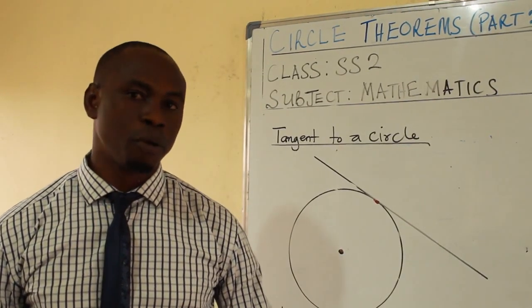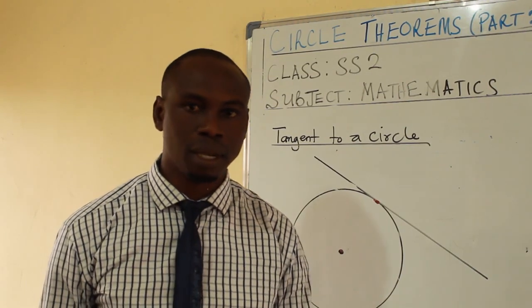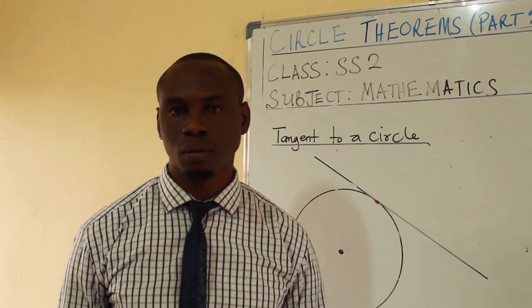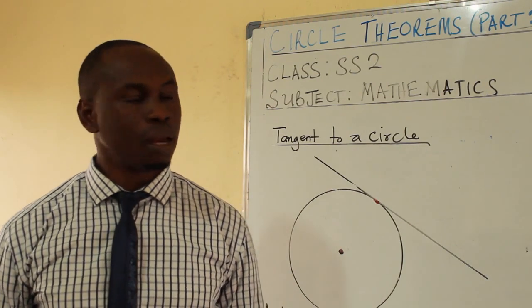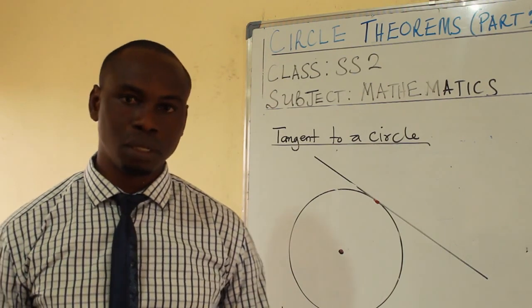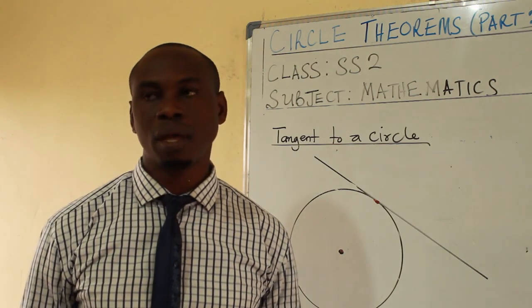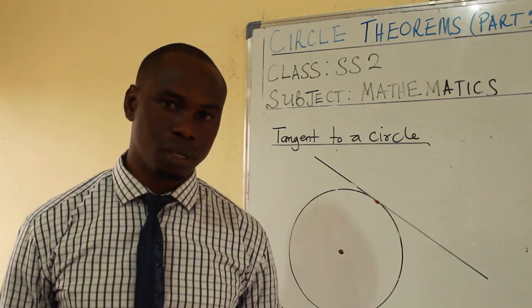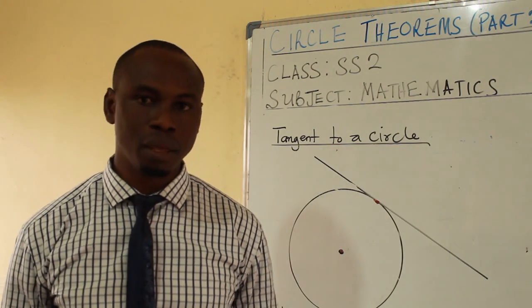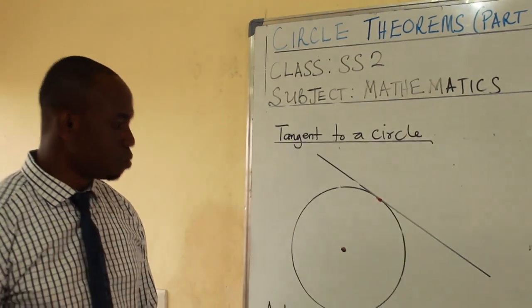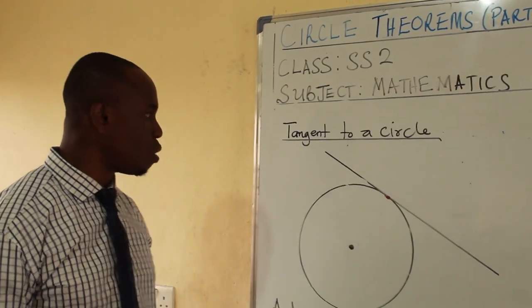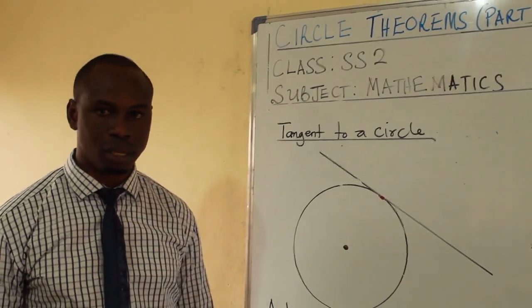We have another property of a circle here, and that is the tangent to a circle. We had earlier mentioned that an angle formed at a semicircle is 90, and we had also said that angles formed in the same segment are equal. In this third property of a circle, we have to first of all understand what a tangent is.